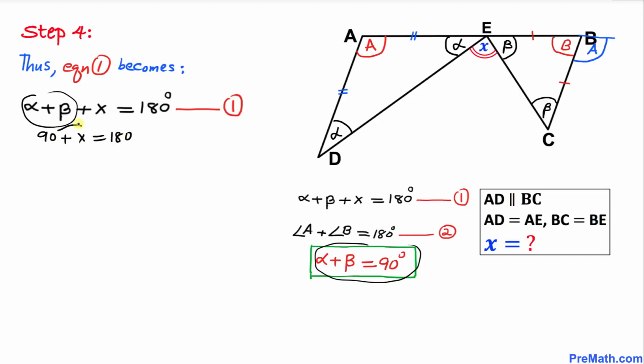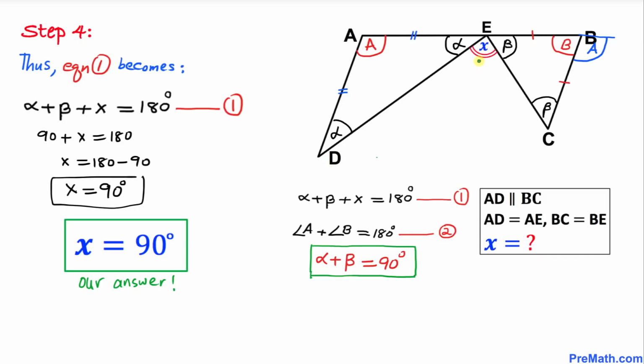Let's move this 90 to the other side. So x is going to be 180 minus 90, which means our x angle is simply 90 degrees. So this angle turns out to be 90 degrees, and that is our final answer.